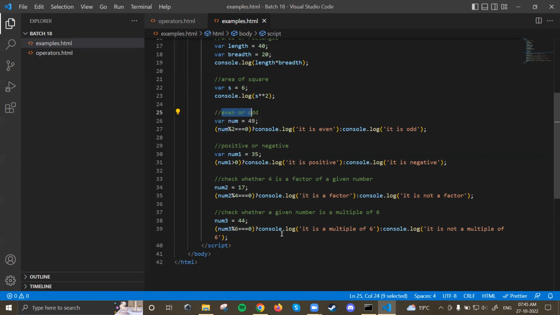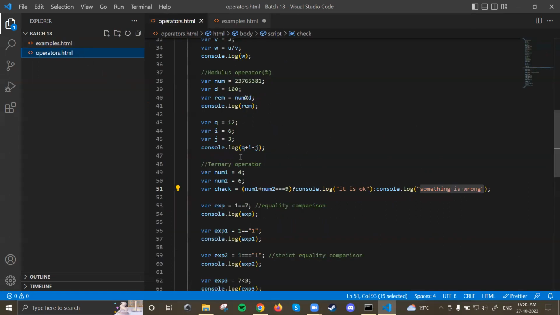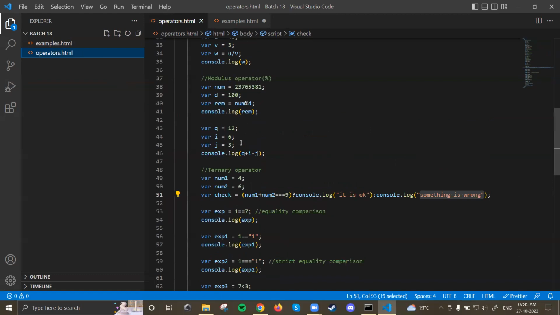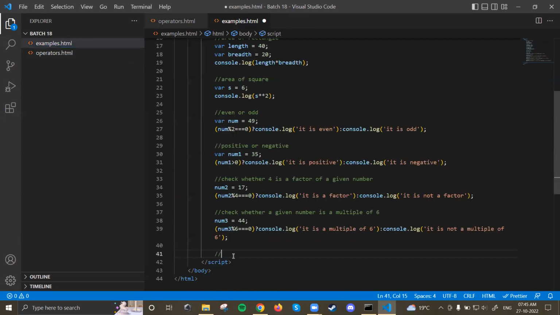Now let me do something totally different, but it's also the same as whatever operators we learned yesterday. It will be a combination of all these operators. So find the reverse of a given number.